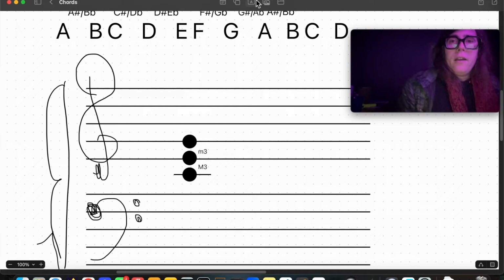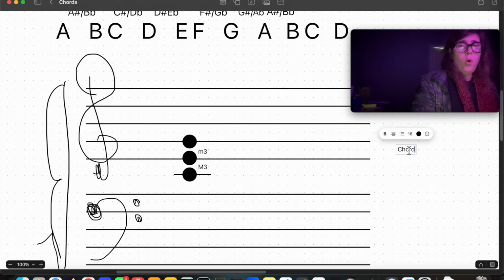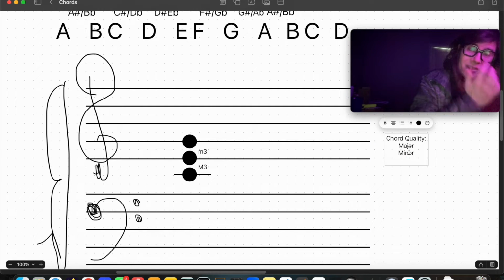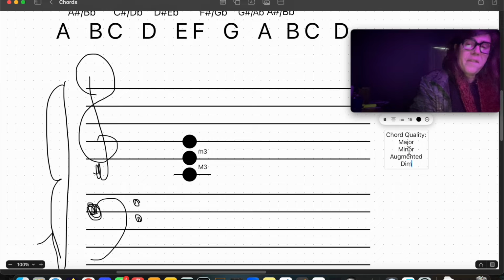So, chords. Now we have chord quality. There's major. Then there's minor. Can you guess what the other ones are? Think about our intervals. Augmented, yes, and then diminished.